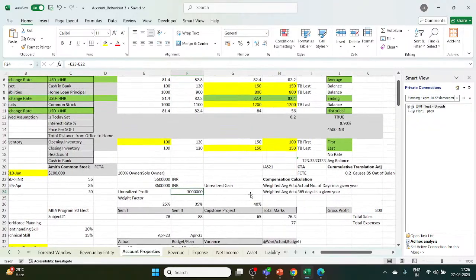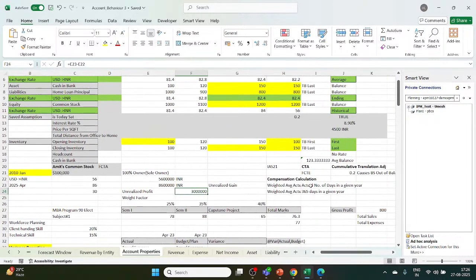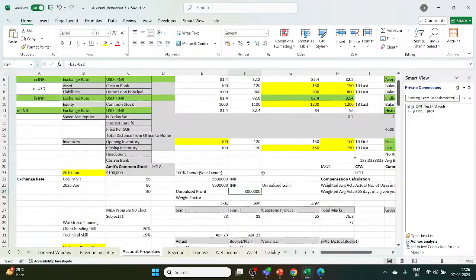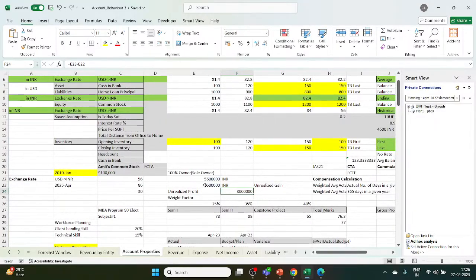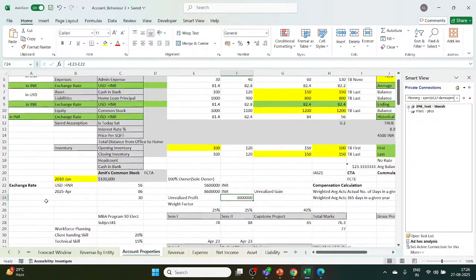So the calculation here, I hope you are getting the things correctly. In the exchange rate, this thing would happen when we convert it into INR. We have 1 lakh of USD. When we purchase, the value would be 56 for converting USD into INR.